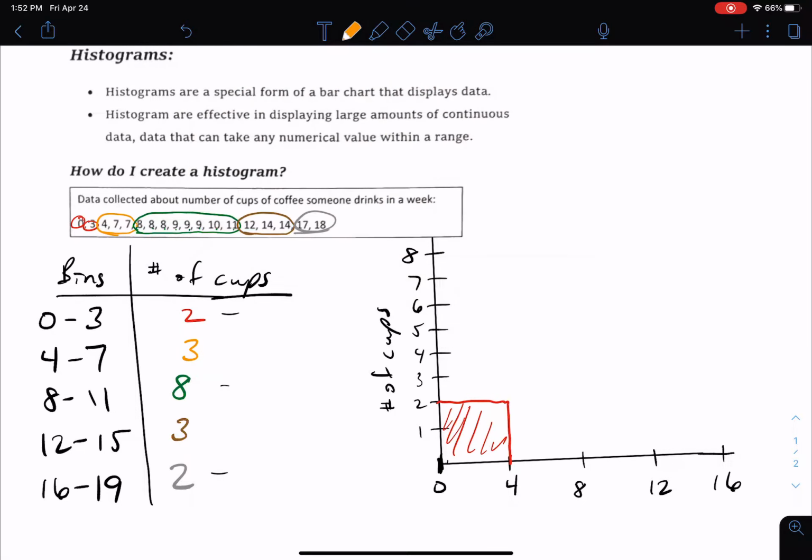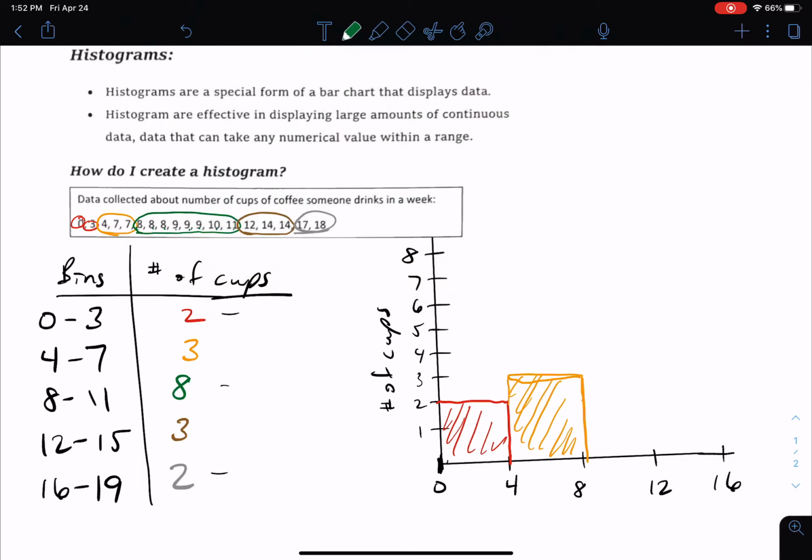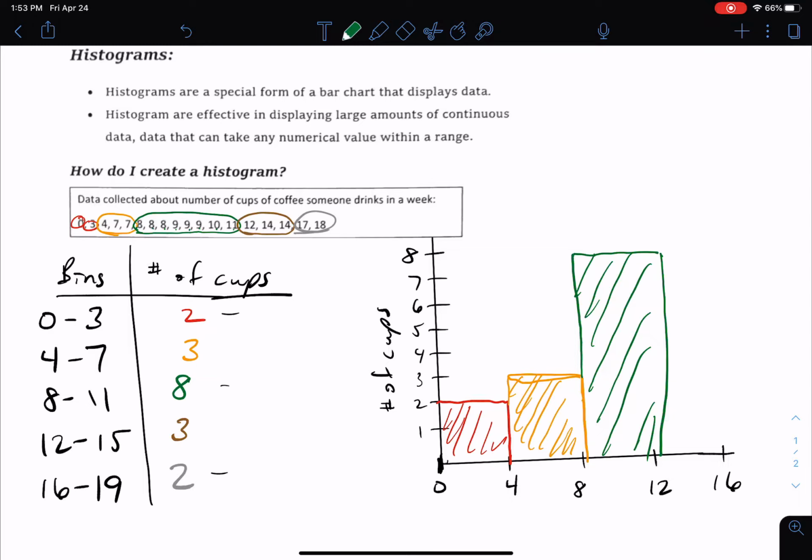So the next bin that starts with 4, the next bin that starts with 8 is going to go all the way up to 8.